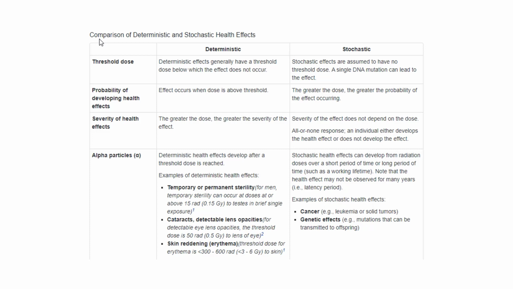Deterministic effects generally have a threshold dose below which the effect does not occur. So until it reaches that threshold, there is no possibility of the damage occurring to the tissue.